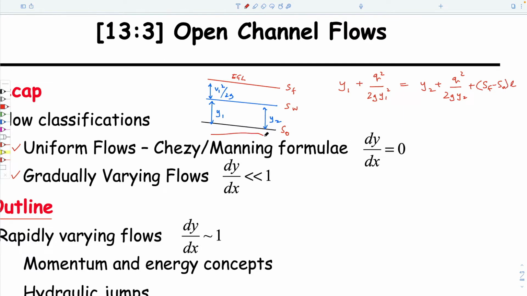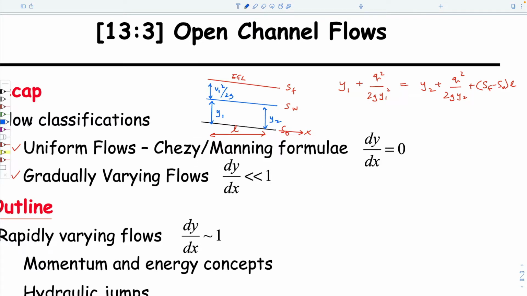And the length of flow is this, kind of in the x direction. Doesn't matter whether you do it horizontally or in the direction of the bed, because it's a shallow sloping bed.